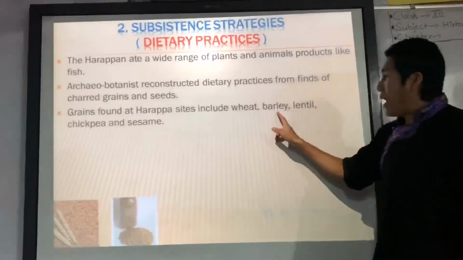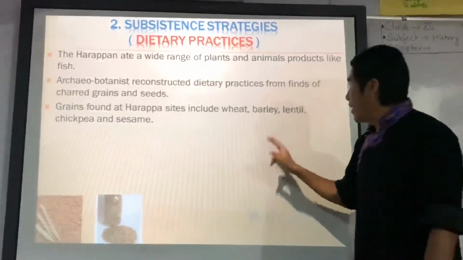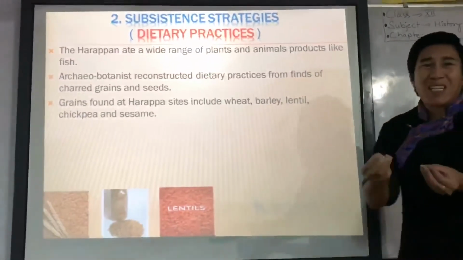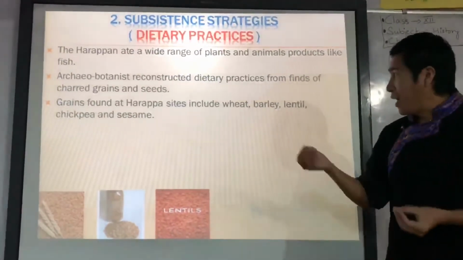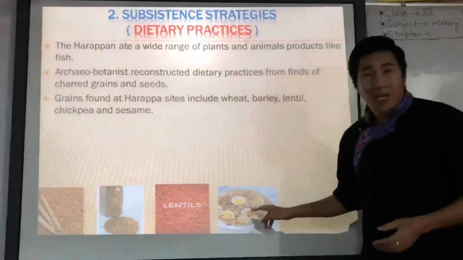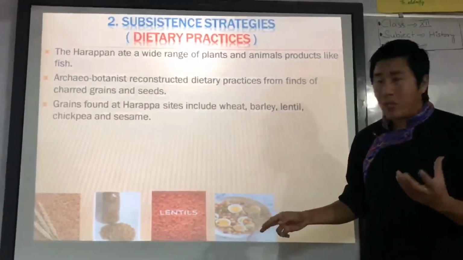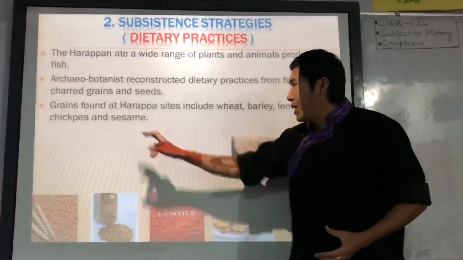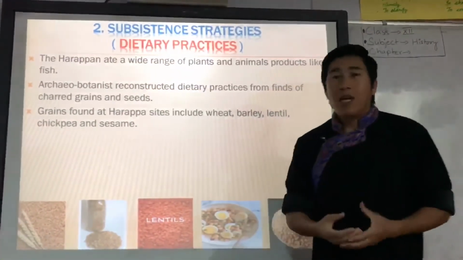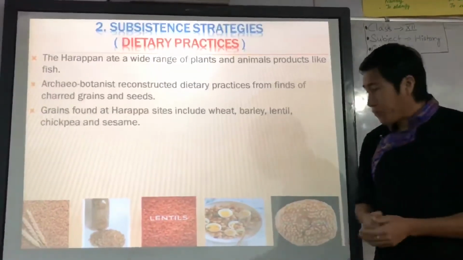Then barley, we call it jau. Then lentil means just like Indian dal. It's a category of Indian dal. Then we have chickpea, chickpea means chana. We usually have it, right? Then sesame. These are some kinds of grain found in Harappan culture.